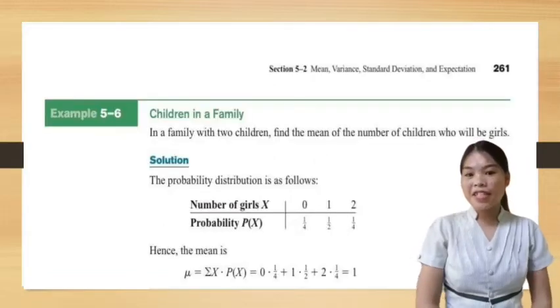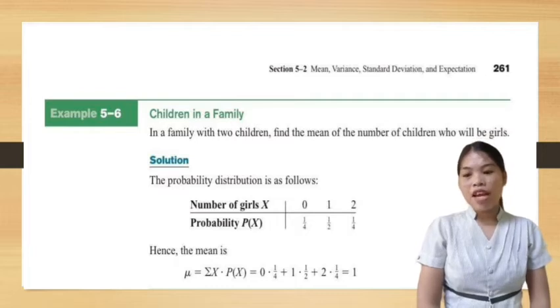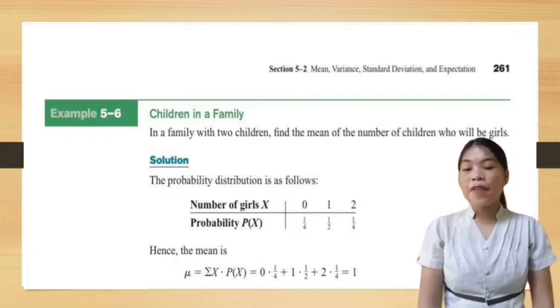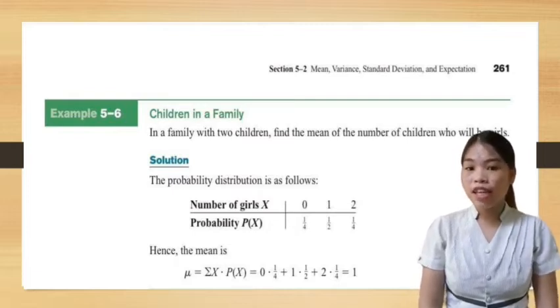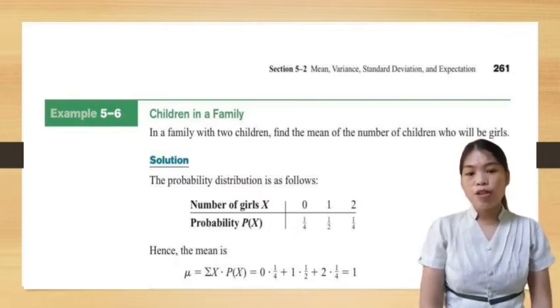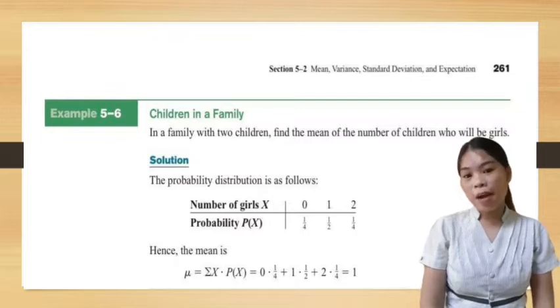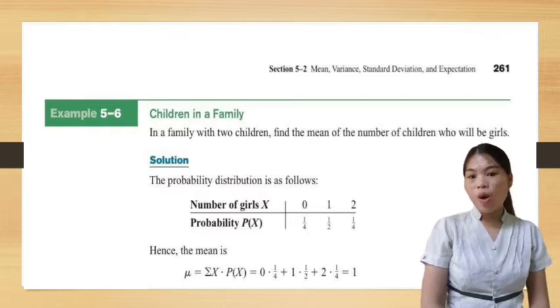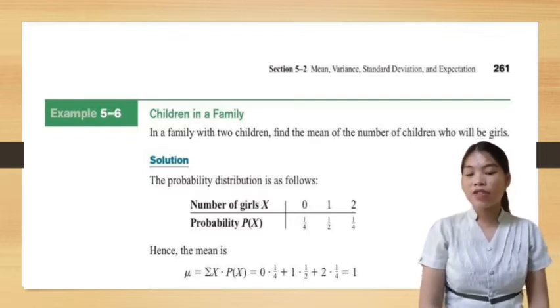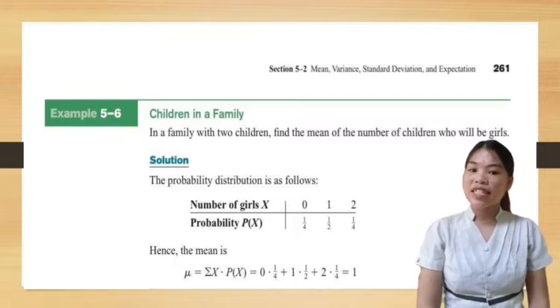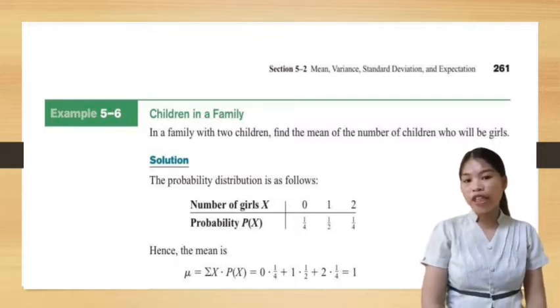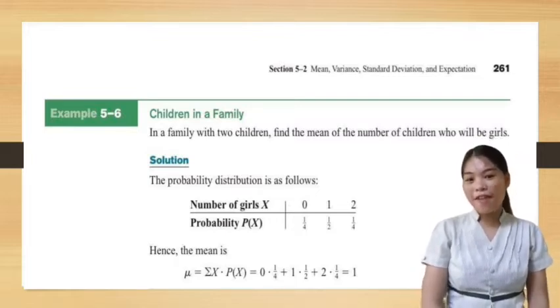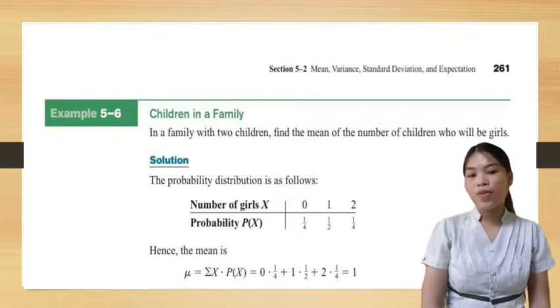So, let's have another example in getting the mean. Children in a family. In a family with 2 children, find the mean of the number of children who will be girls. Our possible outcomes, or the number of girls, will be 0, 1, and 2. The corresponding probabilities are 1/4 for 0, 1/2 for 1, and 1/4 for 2.